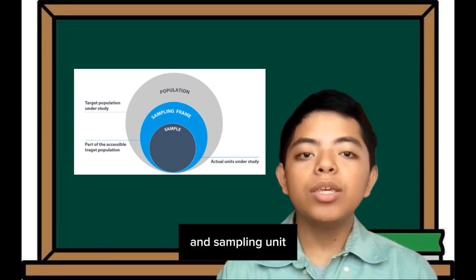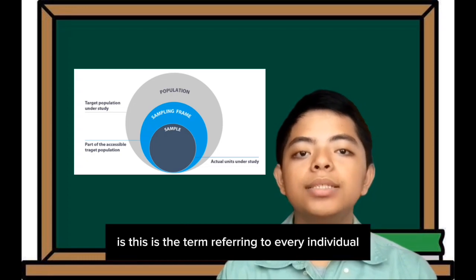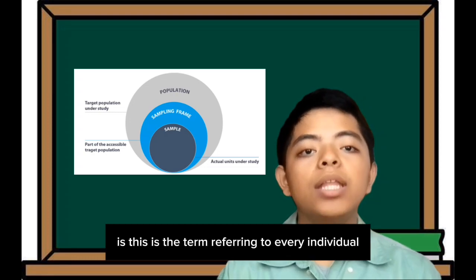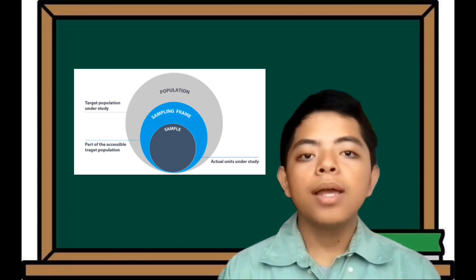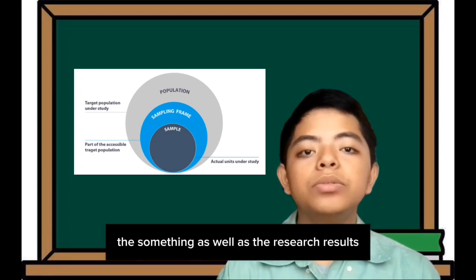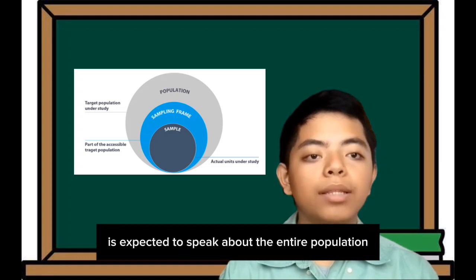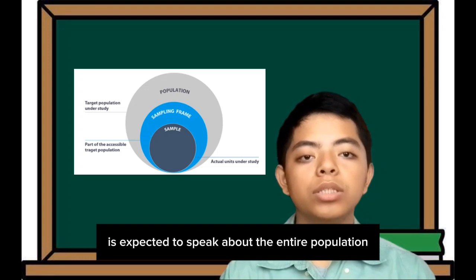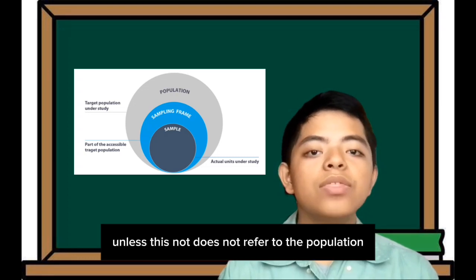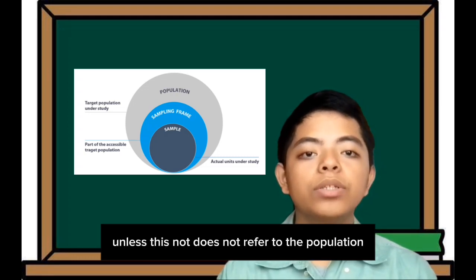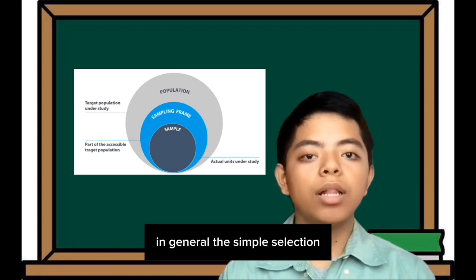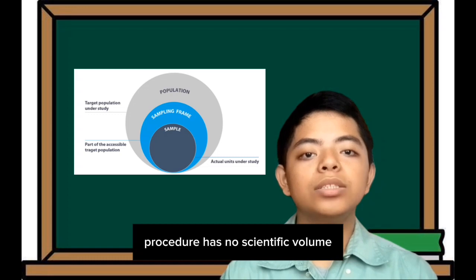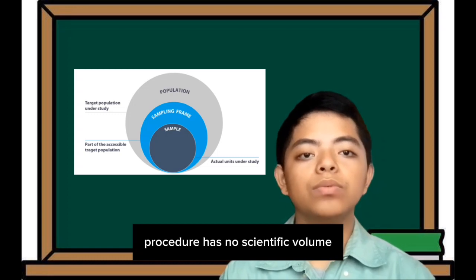And sampling unit is the term referring to every individual in that population. The sampling as well as the research results is expected to speak about the entire population, unless this does not refer to the population in general. The sample selection procedure has no scientific value.